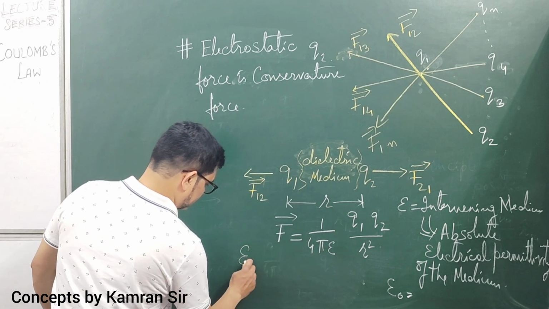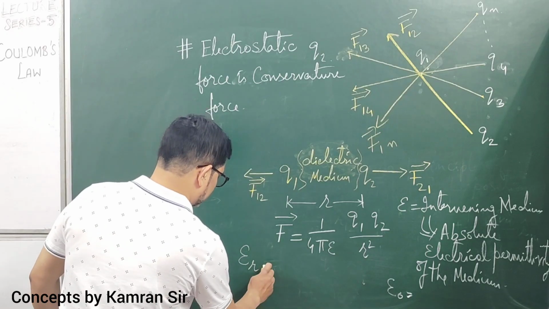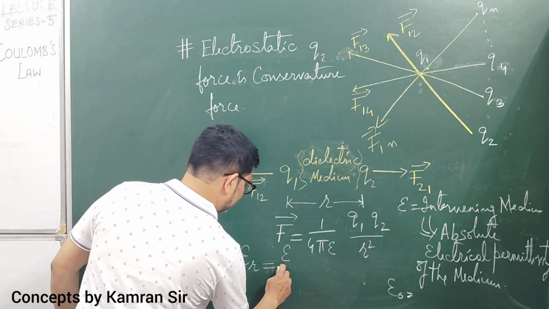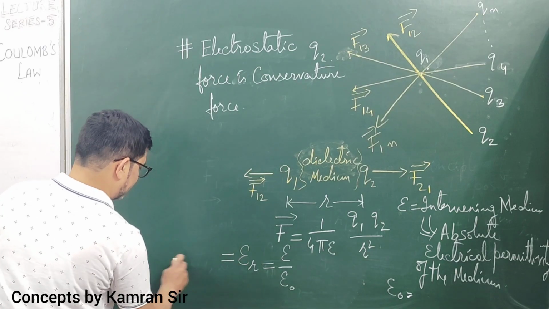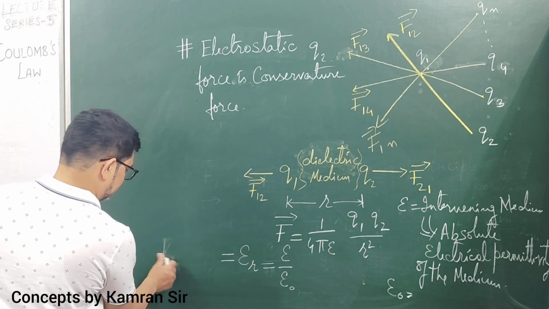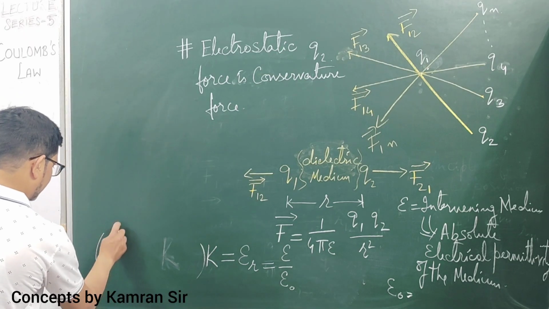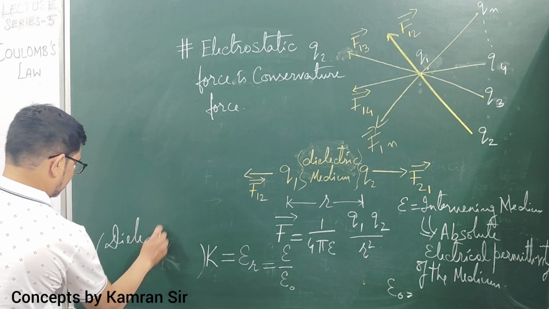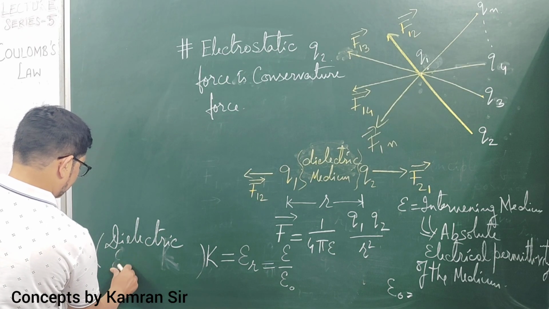Now there's a quantity known as relative permittivity, which is the ratio of these two. This relative permittivity has another name, which is dielectric constant. The notation used is K, and this K is known as the dielectric constant.